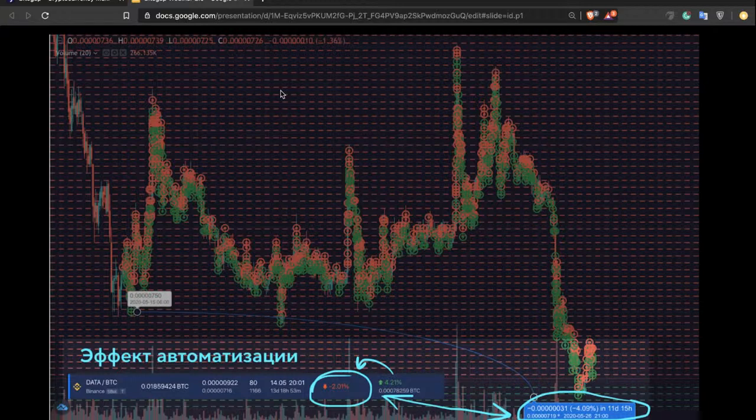All right. Sorry, in this case, for some reason it's written in Russian, even though it has to be in English. But that means the effect of automation, hedging effect. And you see that if you would simply hodl, oh sorry, it's ADA trading to BTC.